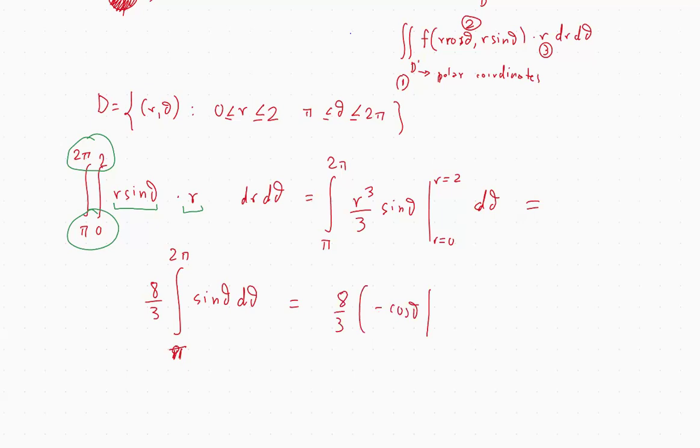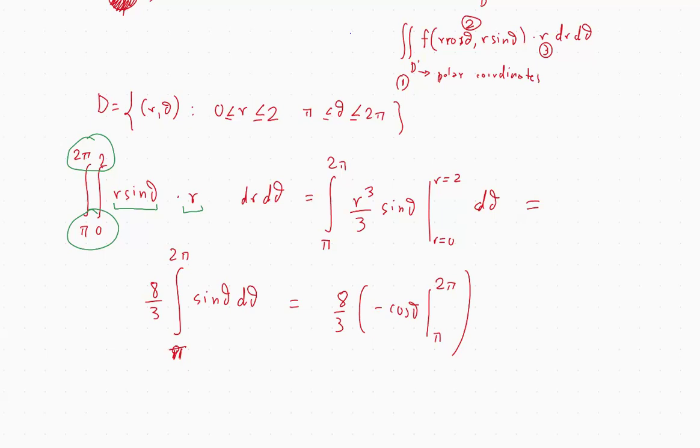And what do we get here? So we have negative cosine of 2 pi. That's the same thing as negative cosine of 0. That's negative 1.